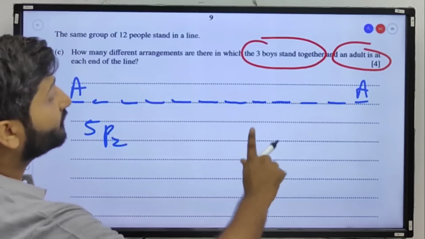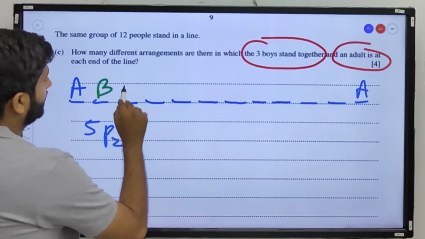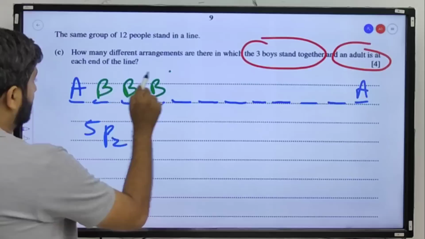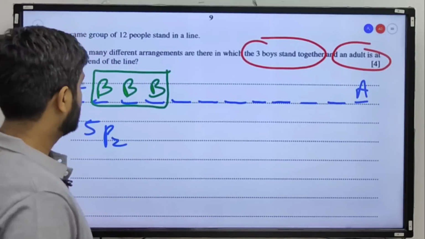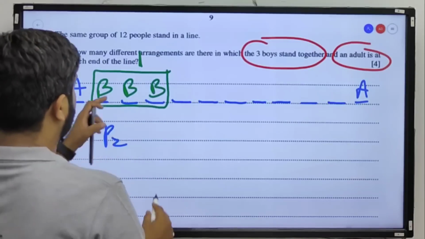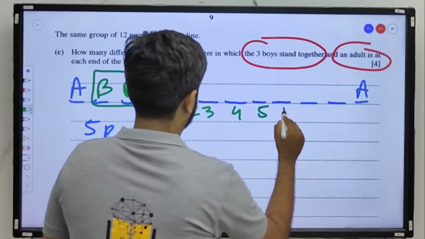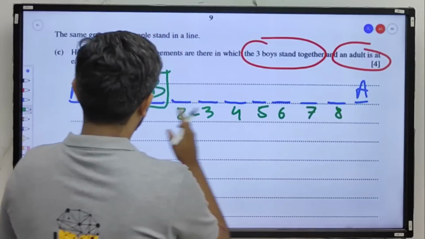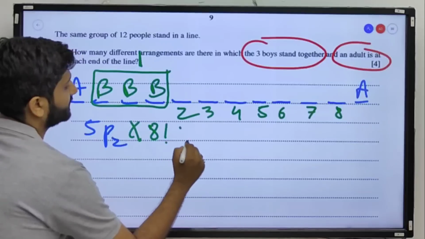And we have 3 boys who stand together. So let's say this is the first position of a boy, then this is second, and this is third. They will act as a single unit. Wherever they go, they go together. So I'll club them and consider this as one unit. So I have 8 places, which can be arranged in 8 factorial ways.